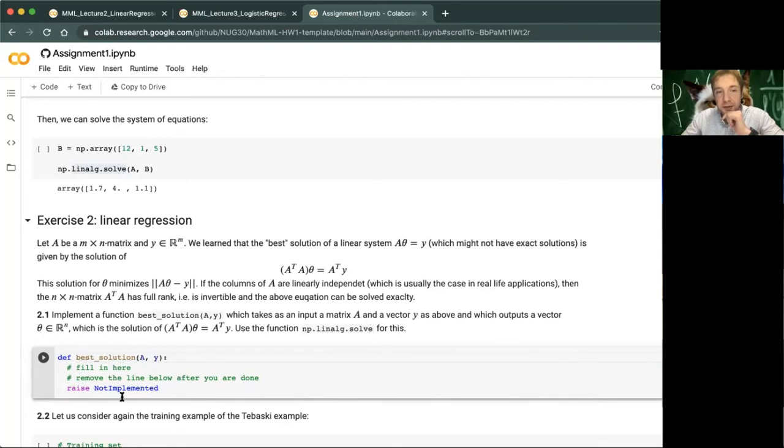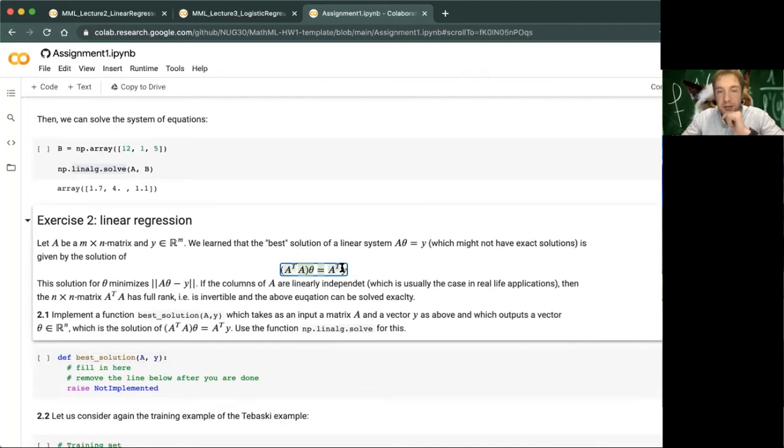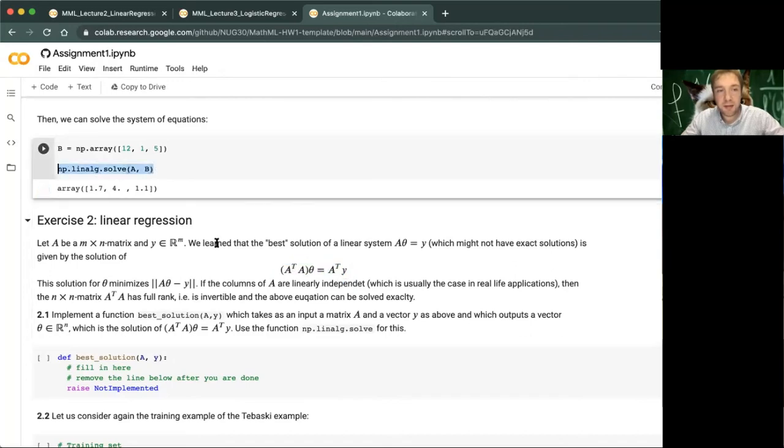And inside this function, what you need to consider is this linear equation here, which has an exact solution. And this you can solve by using this linear solve of NumPy.